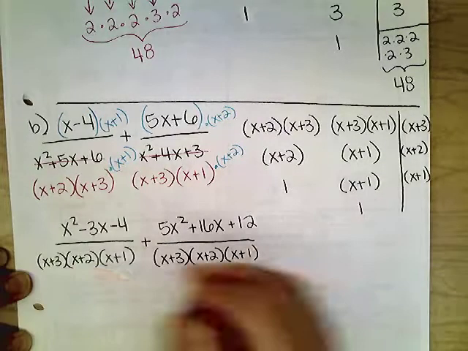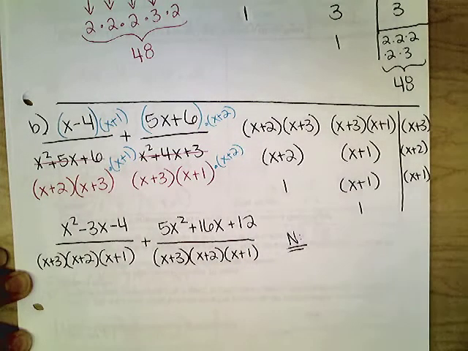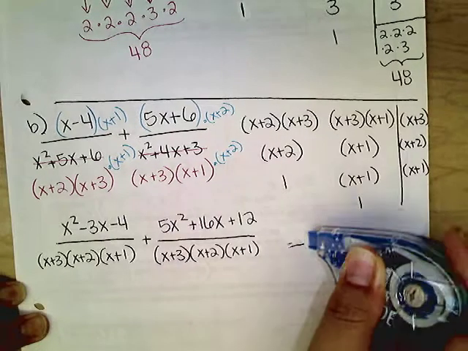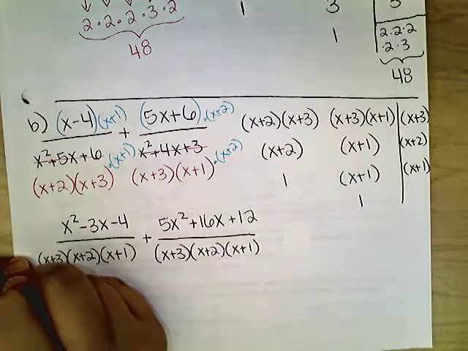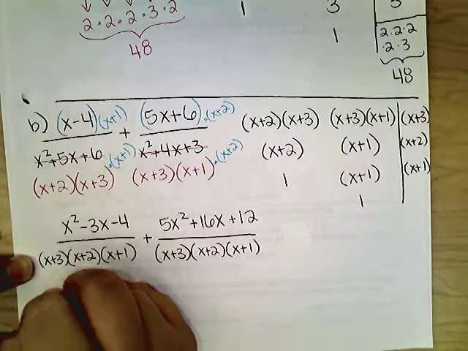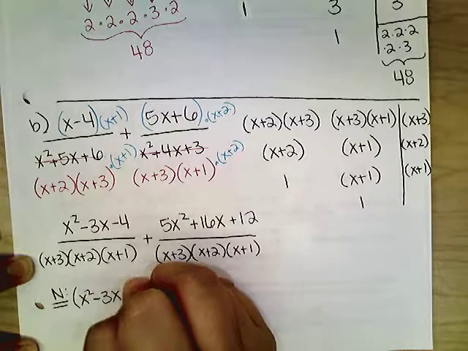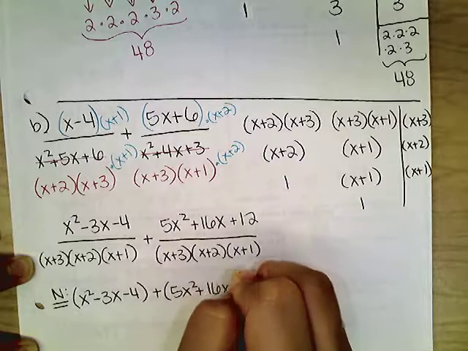So I'm going to work with the numerator down on the bottom here. We have x squared minus 3x minus 4 plus 5x squared plus 16x plus 12.